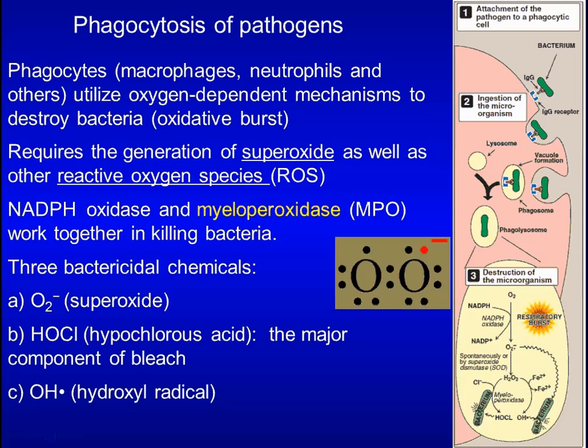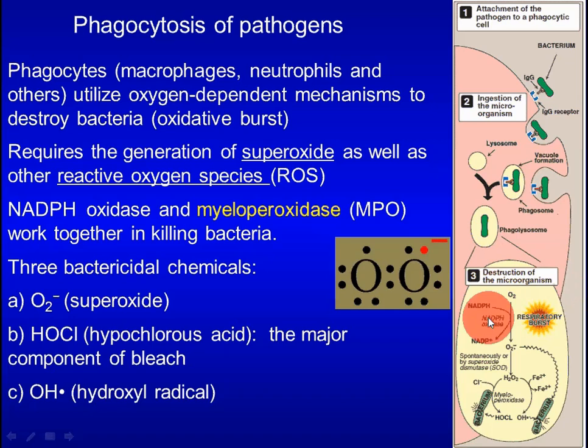Finally, NADPH is required for generation of bactericidal chemicals to kill bacteria by phagocytes, including macrophages and neutrophils. After bacteria are phagocytosed in the phagolysosome, killing bacteria requires a large quantity of reactive oxygen species in a short period of time, which is known as respiratory burst. Respiratory burst requires two enzymes.